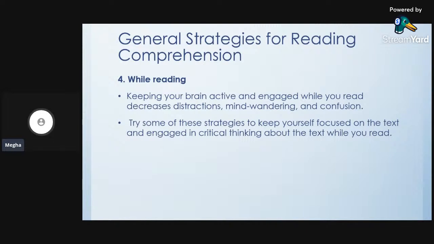So you have to have complete focus, keep your brain active, and concentrate on the passage while you read the statements. It decreases distractions, confusion, etc. So try some of these strategies to keep yourself focused on the text and engaged in critical thinking while you read. You have to try all these strategies when you come across reading comprehension.